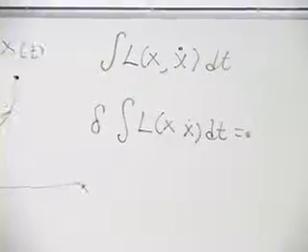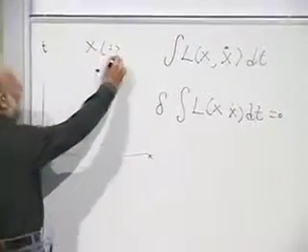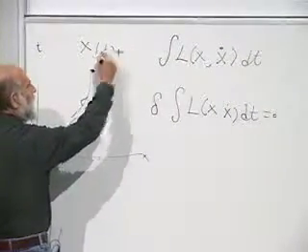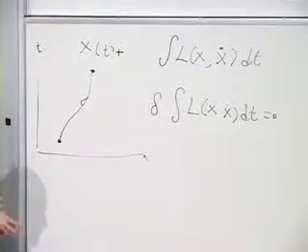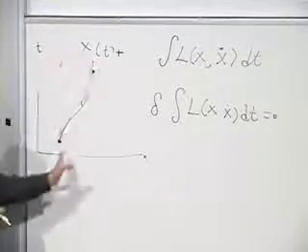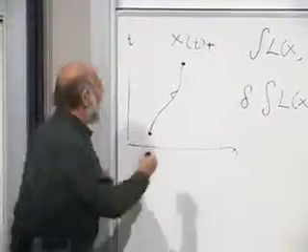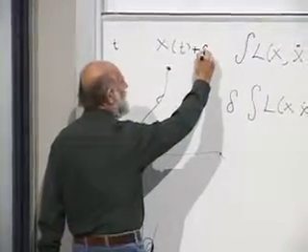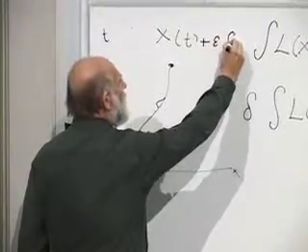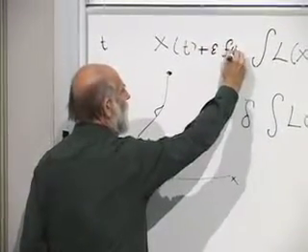Now, what does changing the trajectory a little bit mean? It means we add to x of t, which was supposed to be the original solution, something small. Let's call it epsilon times an arbitrary function of t.